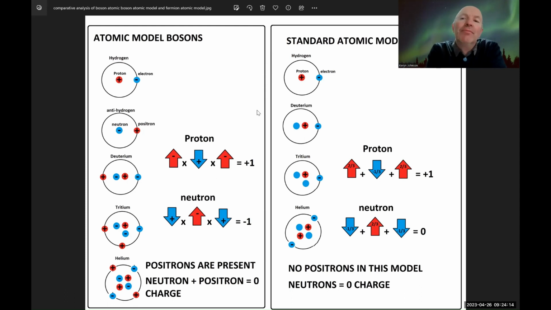It really makes us go, okay, one model can show us 5% of the universe based on atoms, and that's the standard atomic model based on the fractions and adding. And then we look at this other model, the one that's using positrons plus a neutron to give zero charge, and that neutron's a -1, and that is able to be reconciled with 100% of the universe.